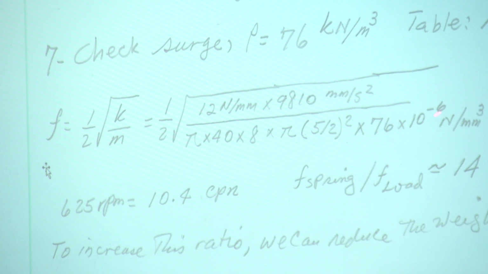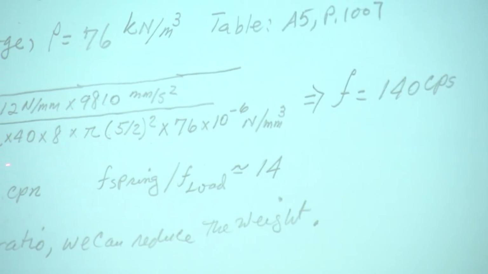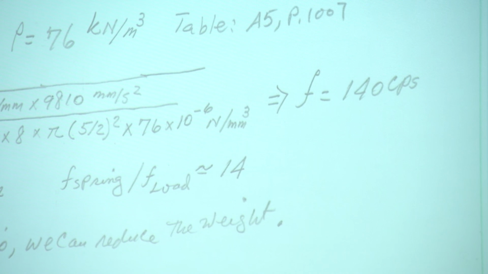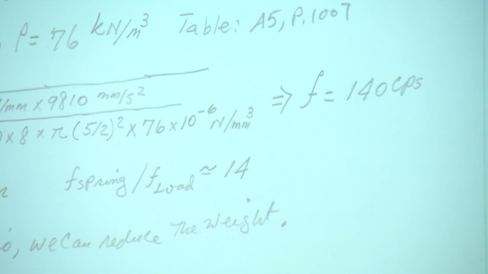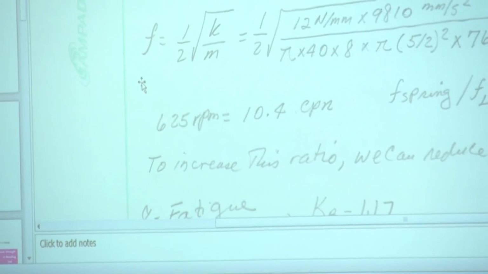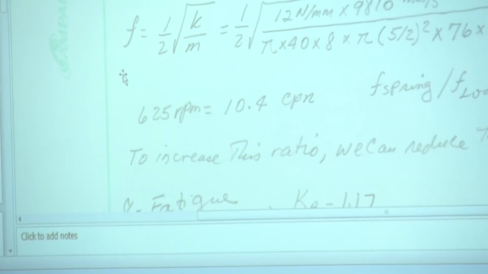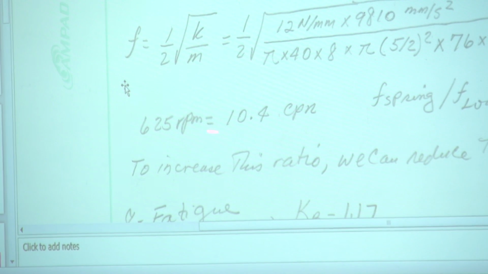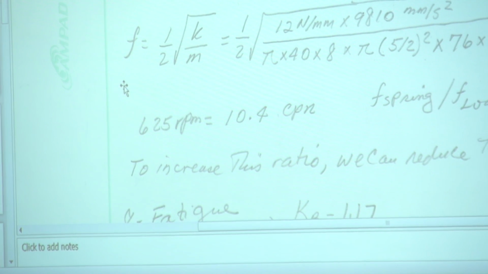That's the unit weight, gamma, and that's the volume of the spring, volume of the solid part of the spring. You check that and it comes out to be 140 cycles per second. It says the shaft rotates at 625 RPM. That's approximately 10.4 cycles per second.